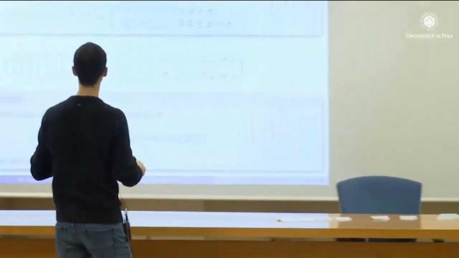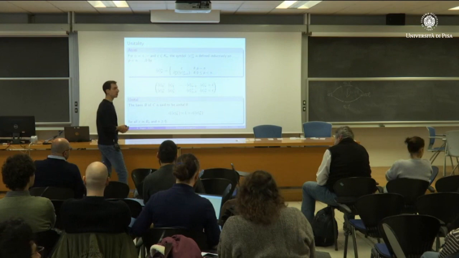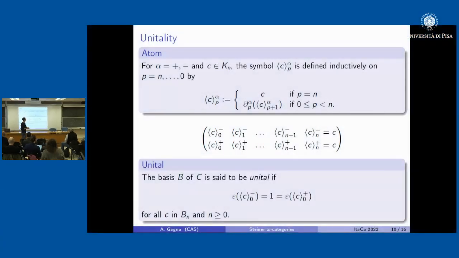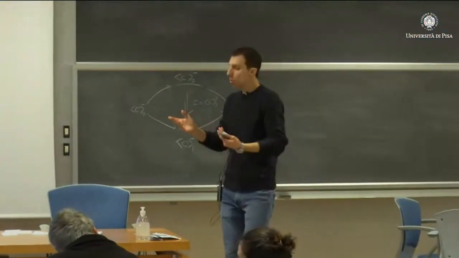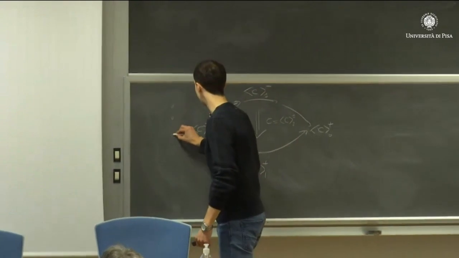Why all this definition? Because there is a notion of unitality that we have to impose. Any cell of an omega category has an iterated source, which is a single object, and an iterated target that is a single object. With complexes, you never know. You can have this as many objects.